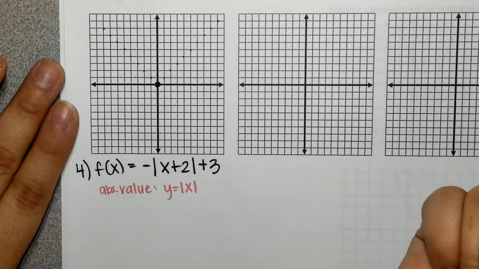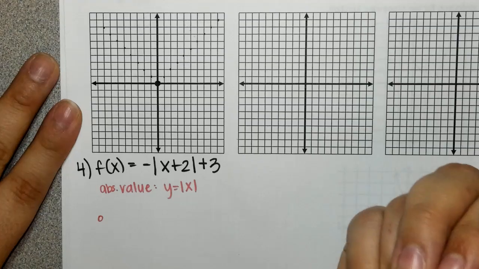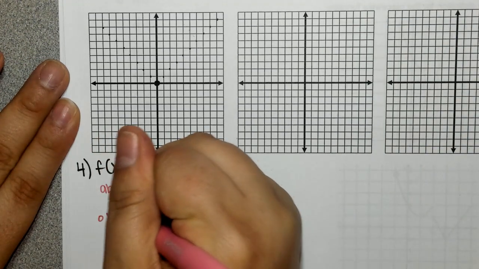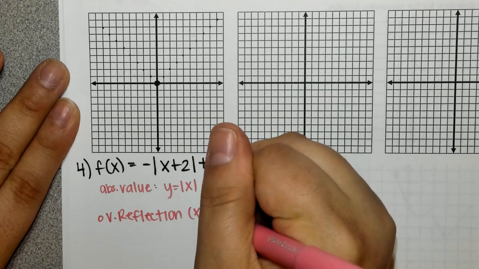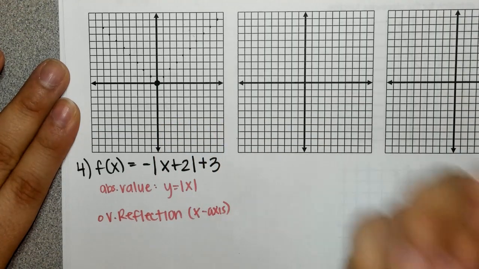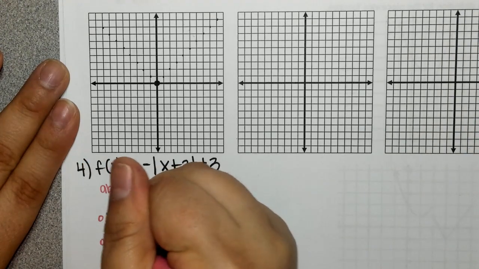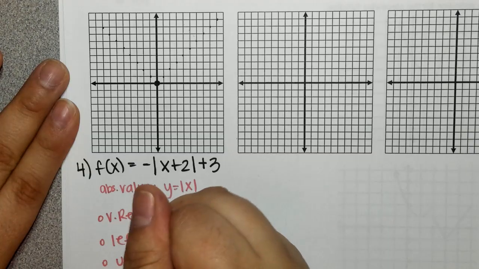What are the transformations here? What kind of reflection? A vertical reflection over the x-axis. What else? Left 2, and then up 3.